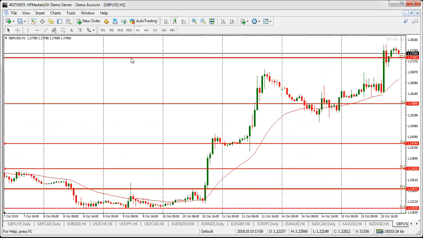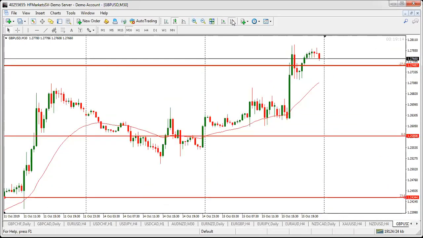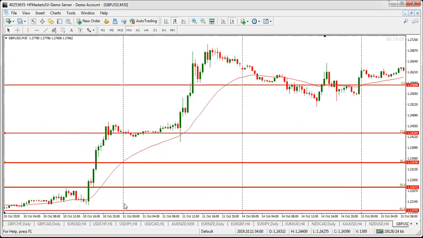For example, I'm trying to go to a lower time frame so that I can show you this very correctly. Look at, the movement started at 61.8, broke through 50.0. Can you see that it broke through 50.0 to the upside? Yes. But we tested 50.0 before moving higher again. Yes.